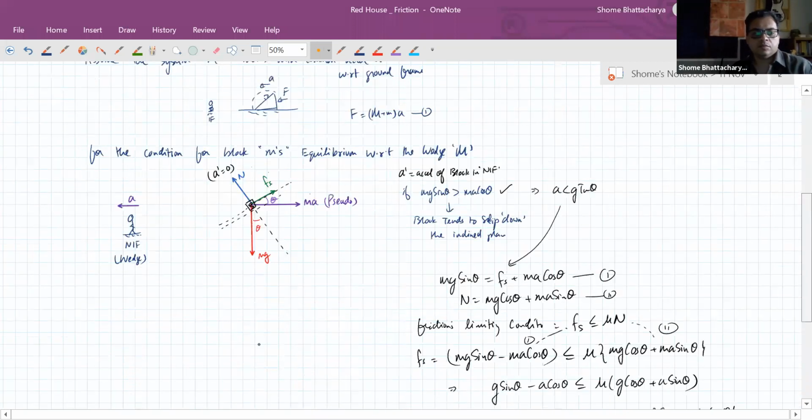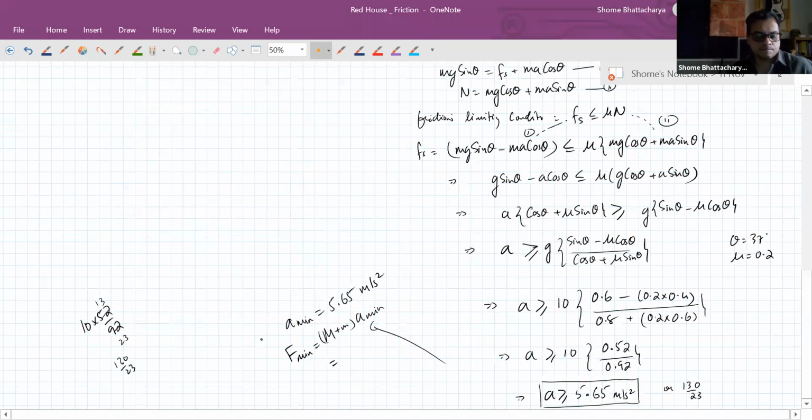That will become about 169.5 newtons. This is the minimum amount of force I need to apply.